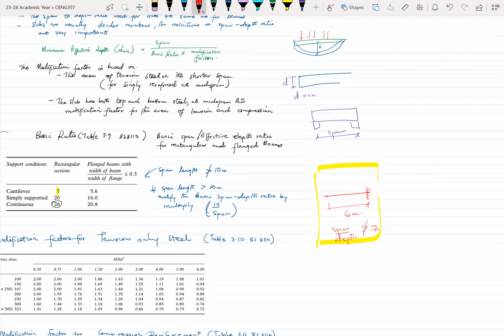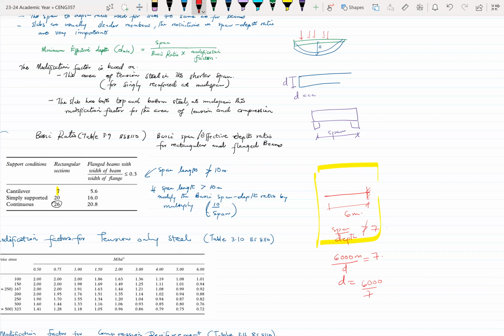So if your span is 6,000 millimeters over the depth, which you don't know the value of, equal to 7, then it means that your depth D is equal to 6,000 over 7.